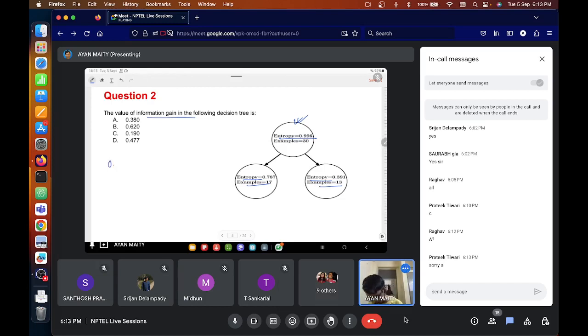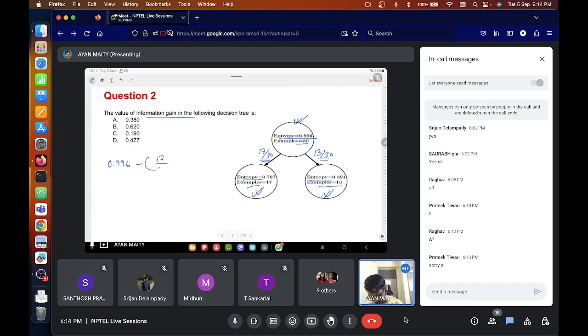So 0.996 minus the weighted entropy of the first partition and the weighted entropy of the second partition. Out of 30 examples, 17 are going to the left subtree and 13 are going to the right subtree. So these are the weights for these two partitions, and we have to use these weights.